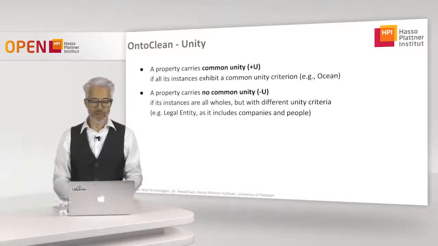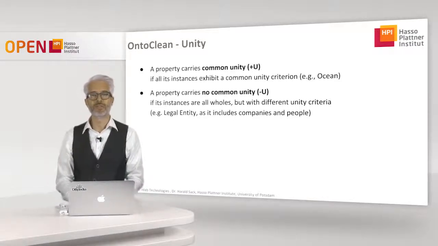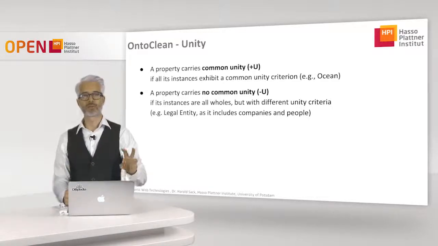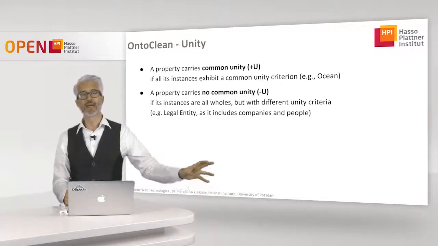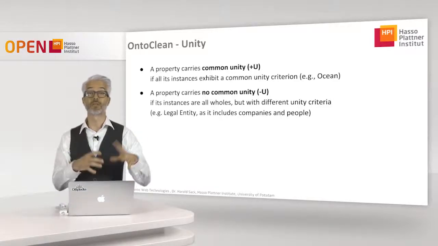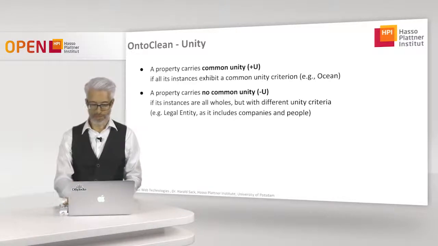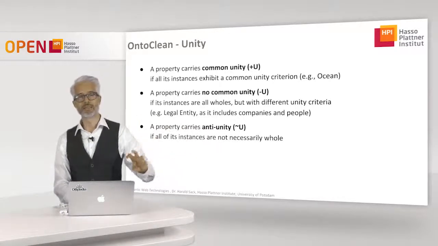And on the other way around, if a property carries no common unity, if its instances are all wholes but with different unity criteria, like for example a legal entity, which has, for example, companies and people, and they have, of course, different unity criteria. A company as a whole is something different from people as a whole, so it's different criteria here. And then you also have to consider anti-unity.